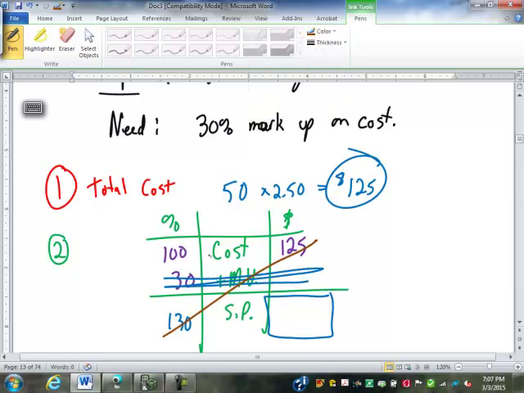So 130 times 125 divided by 100 is $162.50, which is a number we will save for later use. That's what we need for our total selling price. That's the total revenue we have to pull in off of these.